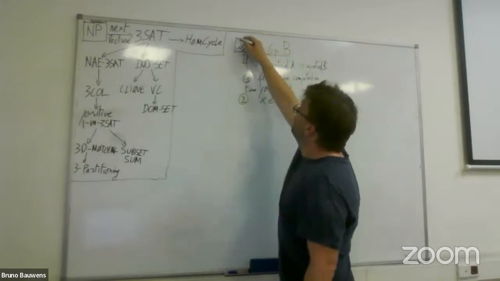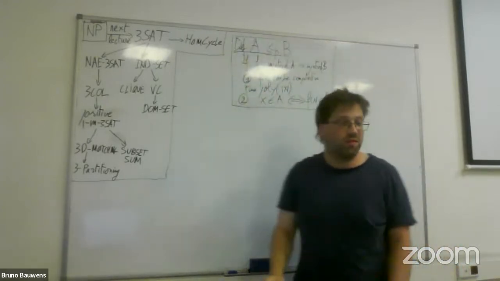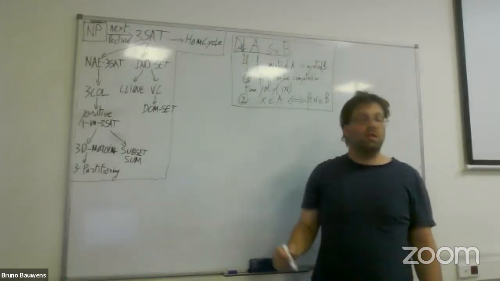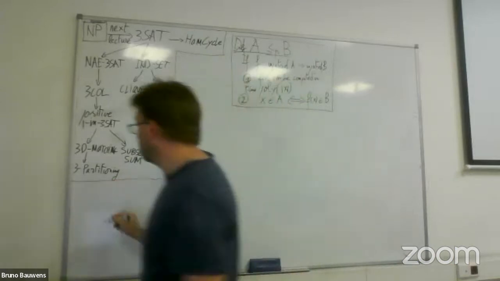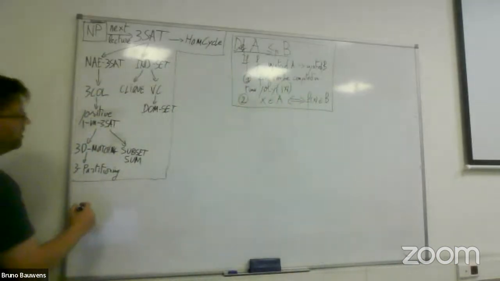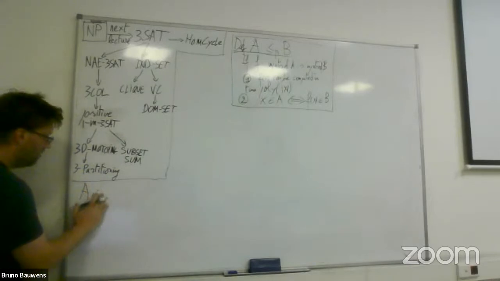And then there were some properties of reductions. Which properties do you remember? Let me write them. The properties of NP-complete languages.